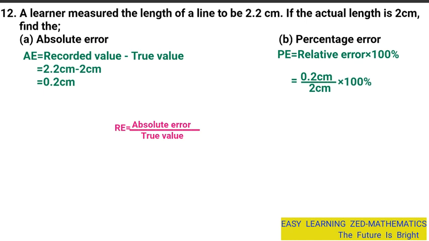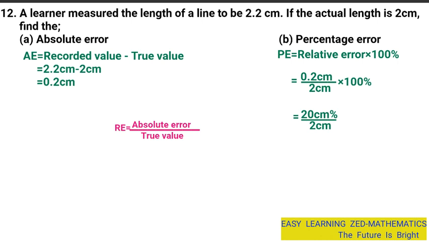100%. Once we have done that, the next thing we're going to do is multiply 0.2 centimeter by 100%, which should give us 20 centimeter percent, which will be divided by 2 centimeter.